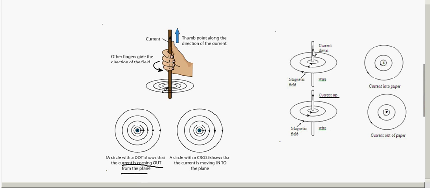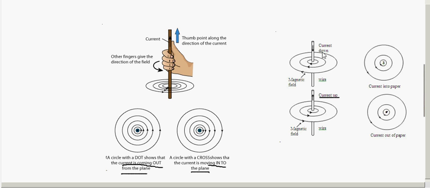Similarly, if the current is going into the paper, into the plane, then it is shown by a cross. A cross shows that the current is going into the page, and in that case the field lines will be in the clockwise direction, as shown here.